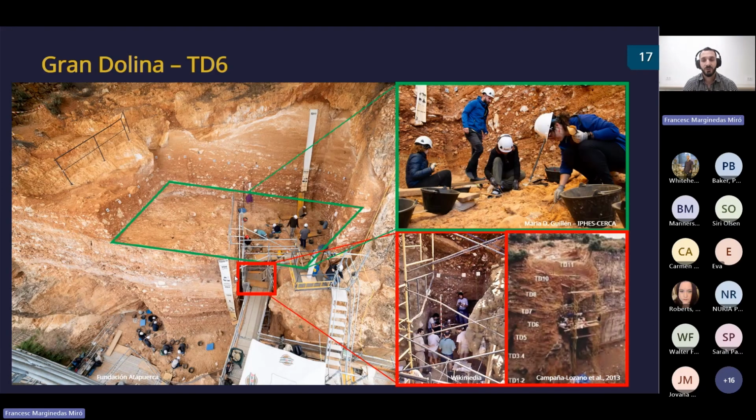So right now, after more than 25 years excavating in extension from TD11 to TD7, we have arrived at the top of the TD6 level, and we are starting to find more human remains, some of them with cut marks.